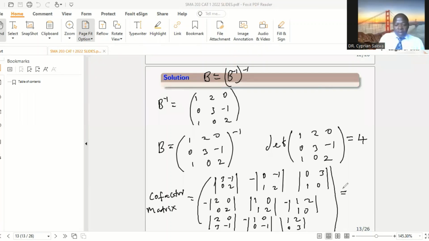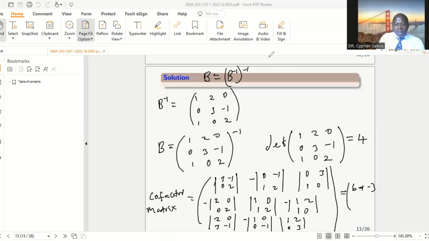The first one here gives you 6 minus 0. This other one gives you 0 minus 1, which is negative 1, then times this minus the negative 1. And this other one will give you 0 minus 3. I'll write it properly.